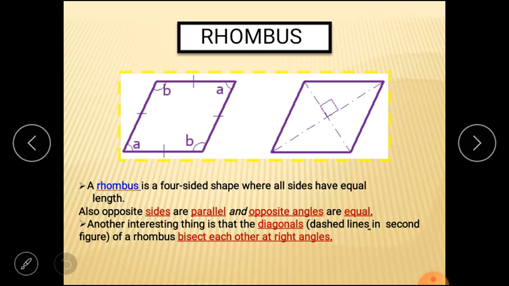A rhombus is a 4-sided shape where all the sides have equal length. You know very well, for the square, the property is that all the sides are equal. So for the rhombus also, all sides are equal length.